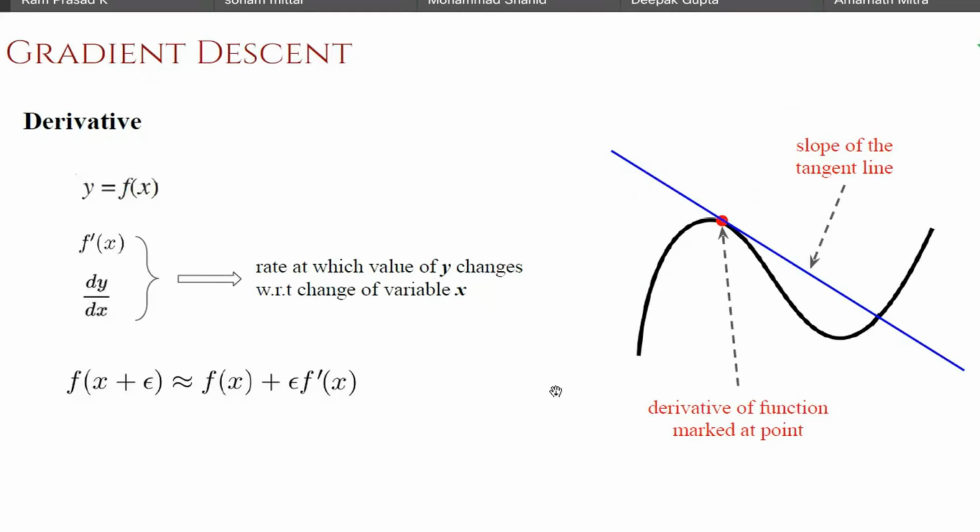If you know the relationship, we can make predictions, but using the derivative of a function, we can make predictions to a reasonable accuracy in the small neighborhood. So if you know f of x, and if you know the first derivative f prime of x, then f of x plus epsilon can be predicted. This epsilon is a small neighborhood.